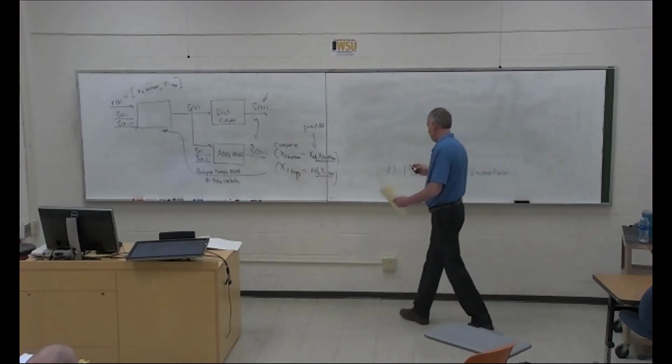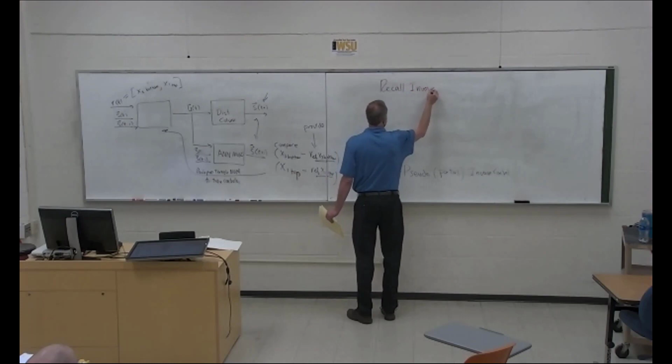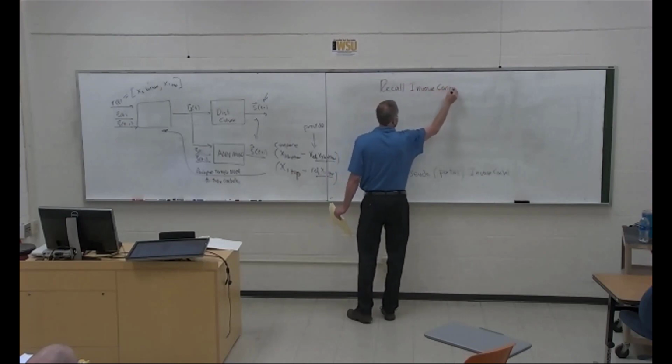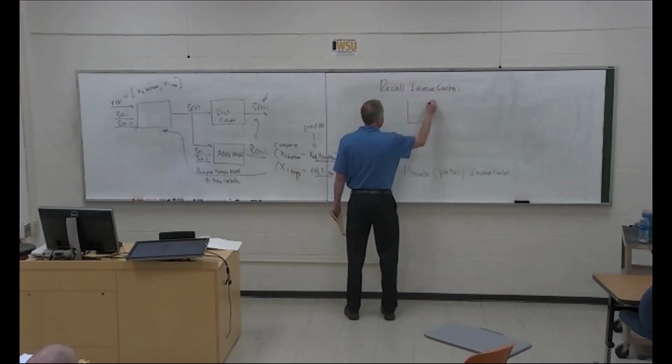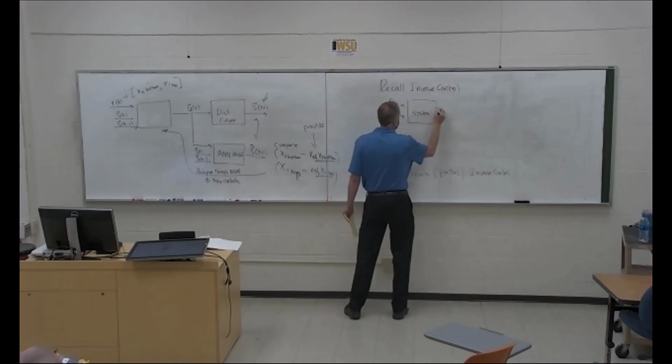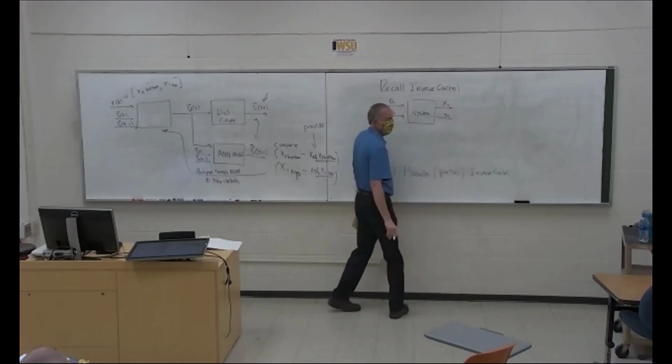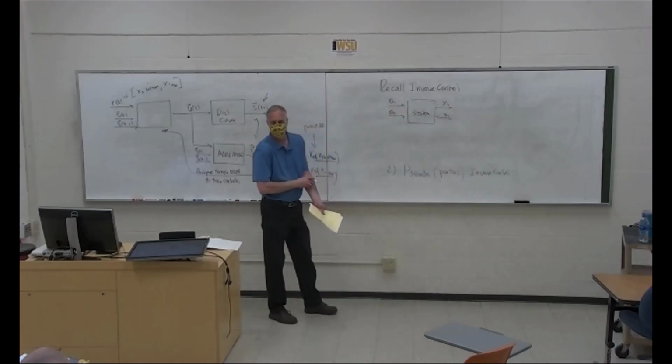So let's go back and remember inverse control. If we have a system like that two-link robot arm, we put in theta 1, theta 2, and we get out x2 and y2, right? That's the system.